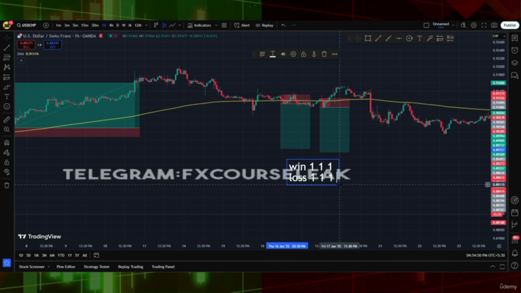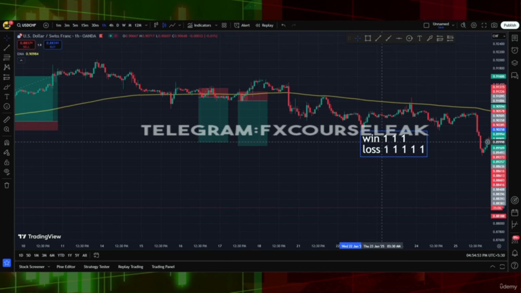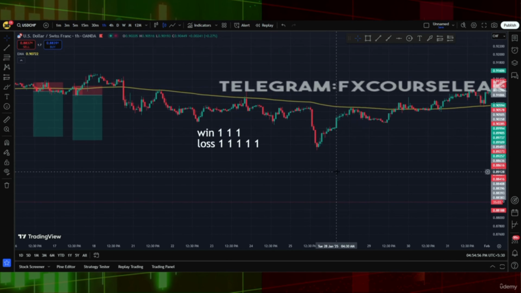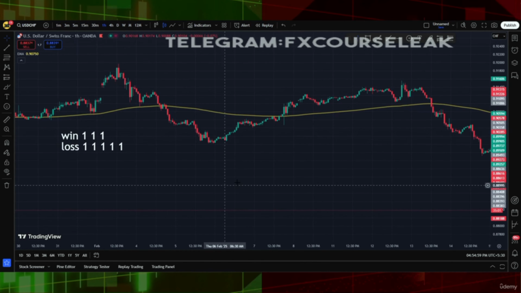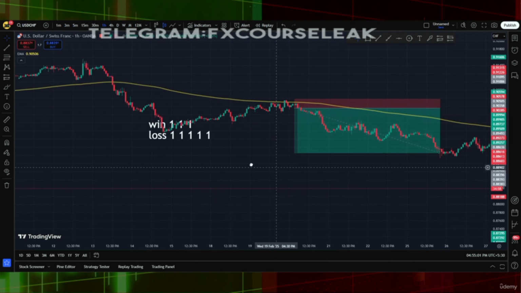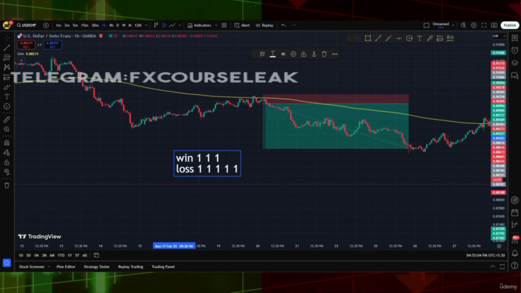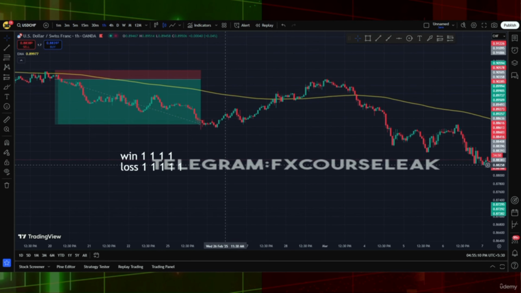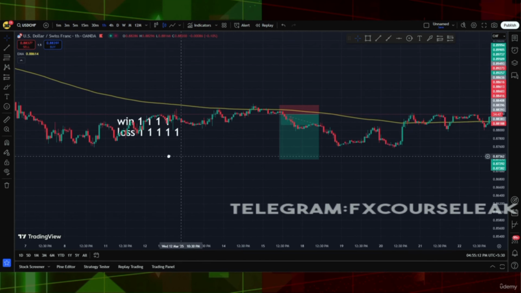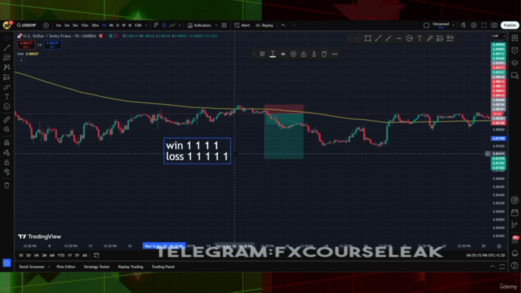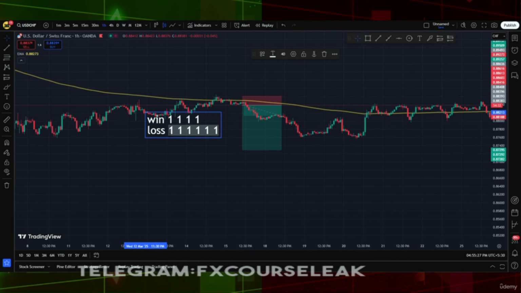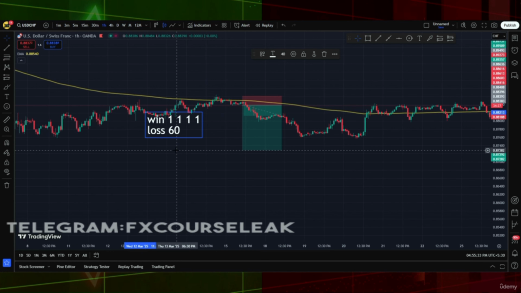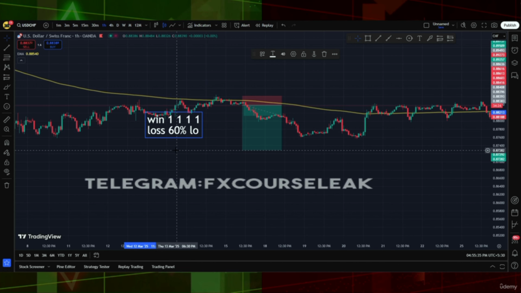Over here we had two losses, which were these two positions. And over here we have another winner. And on our last position, we're gonna take it as a loser as it did not play out fully. So another losing position. So now let's calculate all these positions.